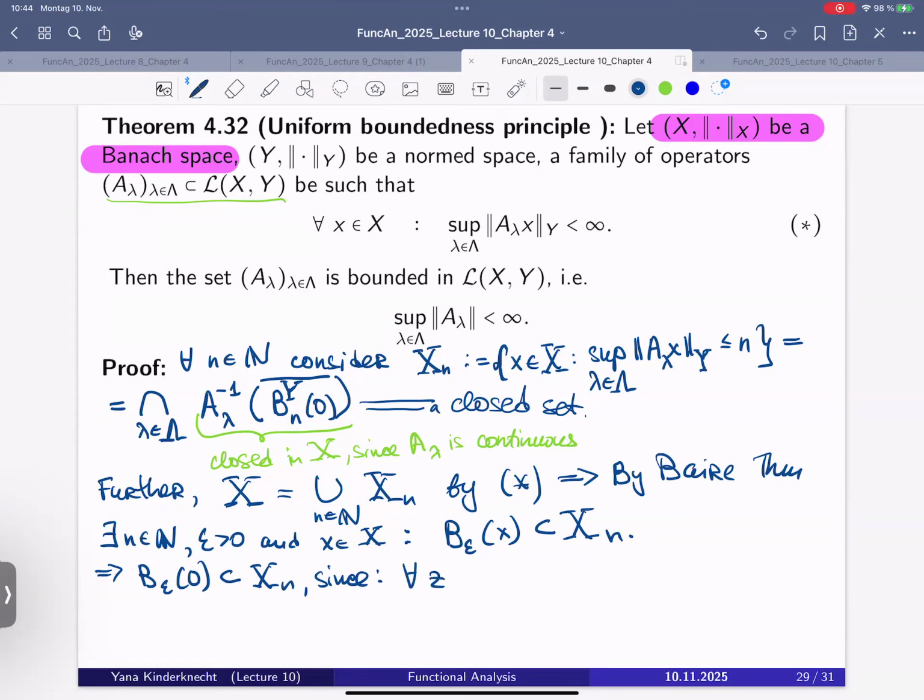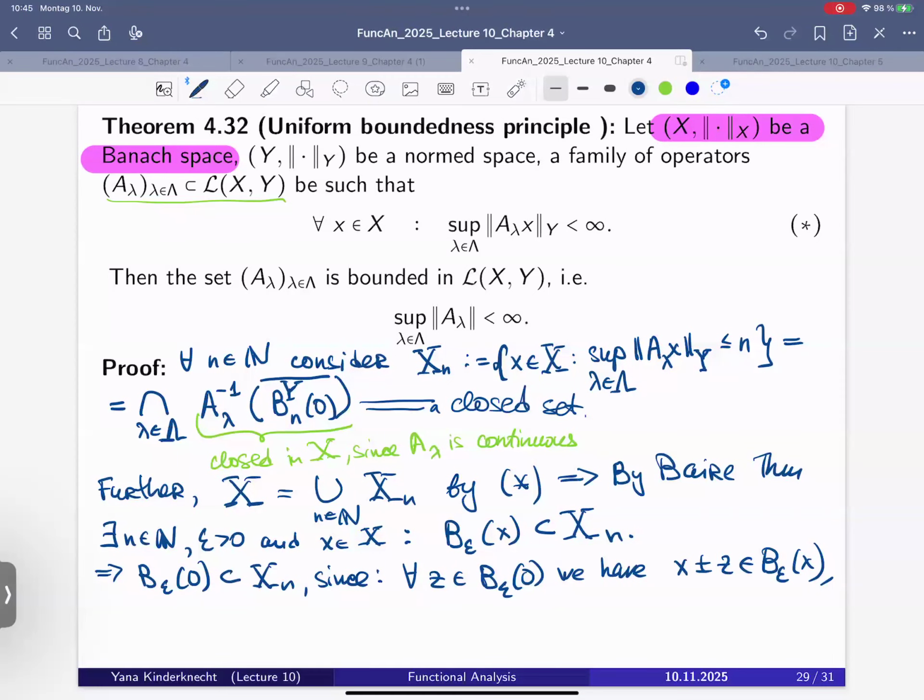We take any point z in this ball around 0. Then the two points x plus z and x minus z are elements of this ball around x.